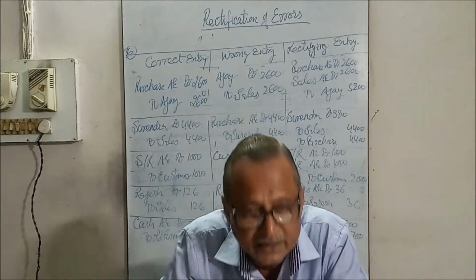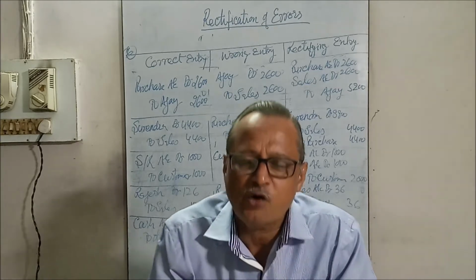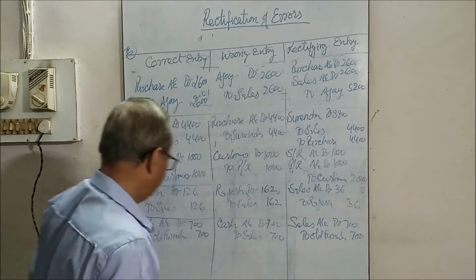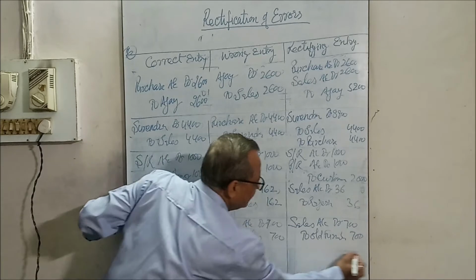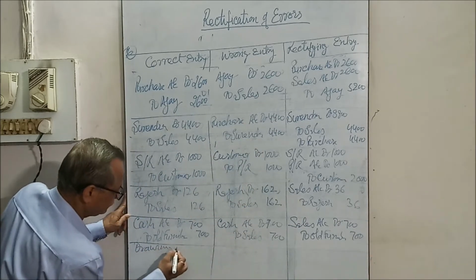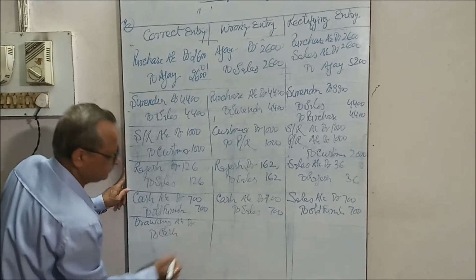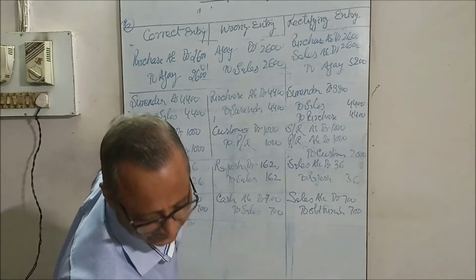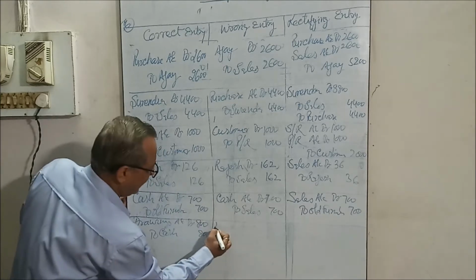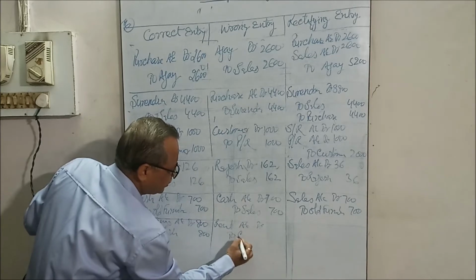Now next is rent of the proprietor's residence 800 debited to rent account. It is also a personal account and nominal item, an error of principle. The entry should be drawings account debit to cash, the amount is 800. It was entered as rent account debit to cash.